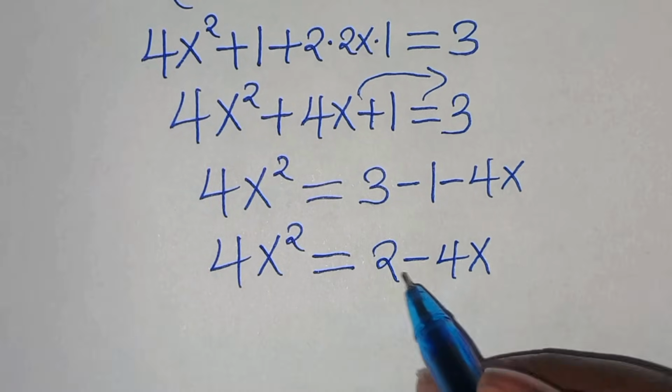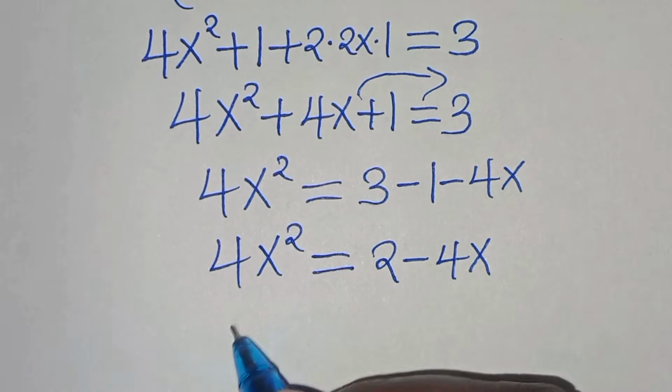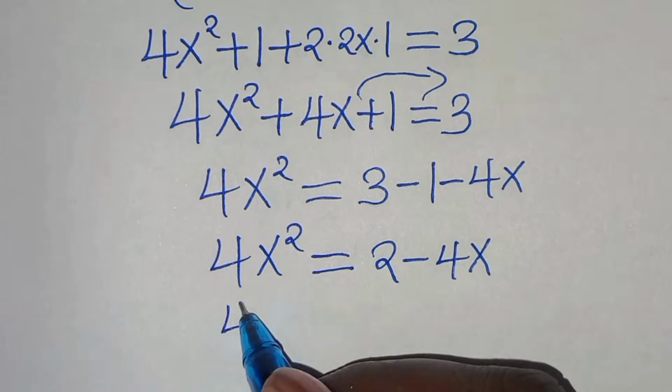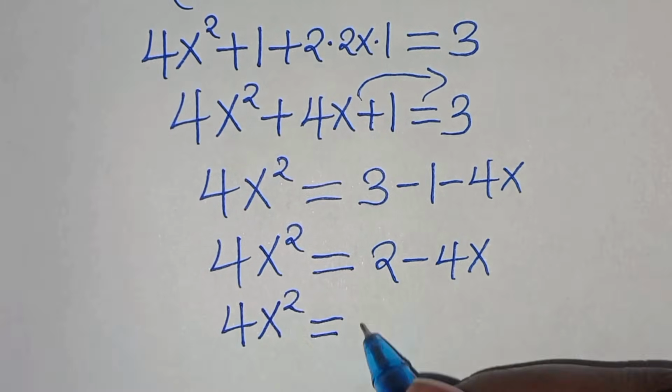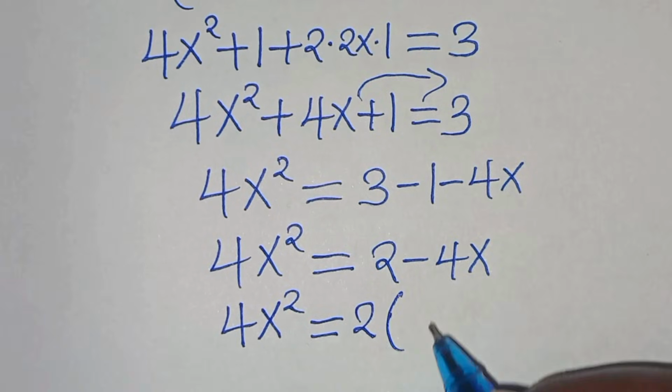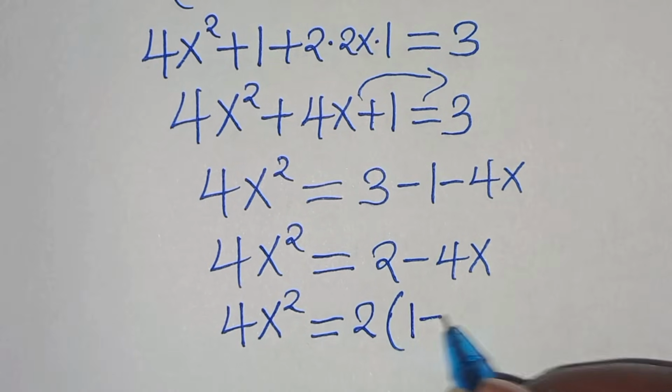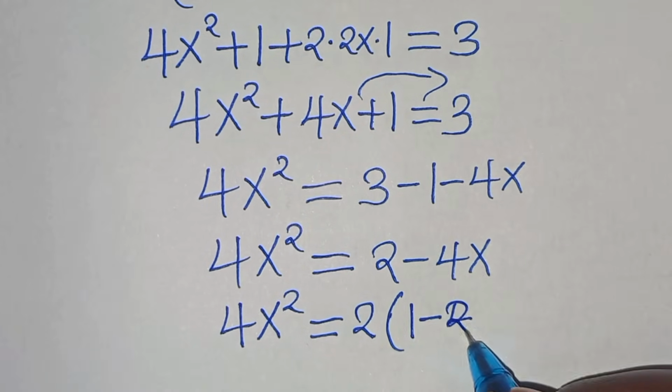Now, the next step from here, we can factor out 2, so that we have 4x to the power of 2 equal to 2 in parentheses, 1 minus 2x.